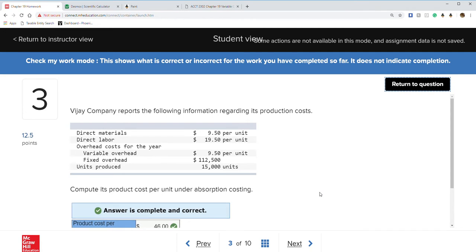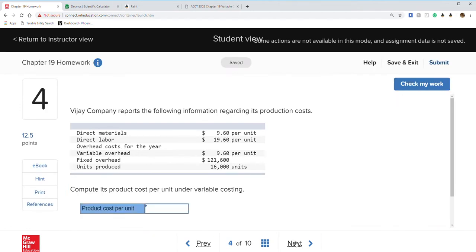Yes, yes, yes. So if we're dealing with 2 different costing methods, well, you already know the next one will have variable. Sweet. So the only difference is that we just don't have fixed overhead, and since this is already on a per unit base, we can go ahead and just not even use fixed overhead, our units produced, and just add everything.